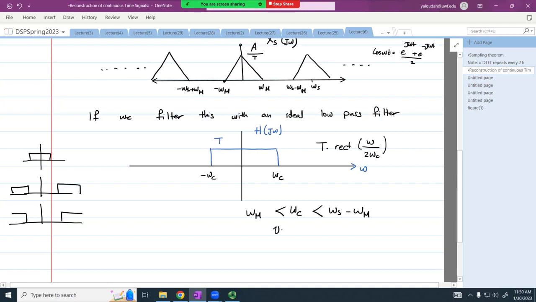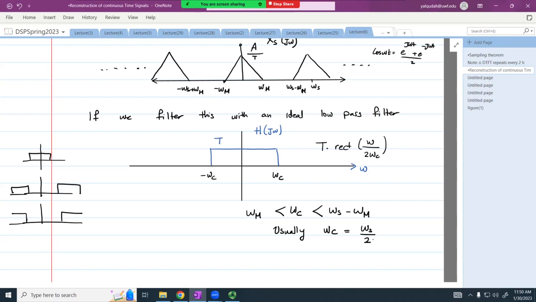Now usually omega c is going to equal omega s divided by 2. Let me just point out one thing before we move on. Because these are separated, there is some freedom in choosing this filter, isn't there? Omega c can be anywhere between omega m and omega s minus omega m.